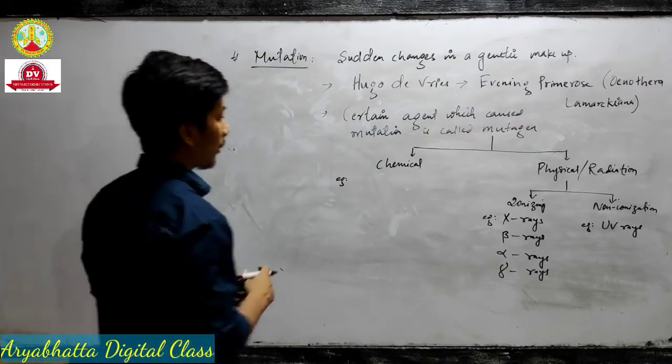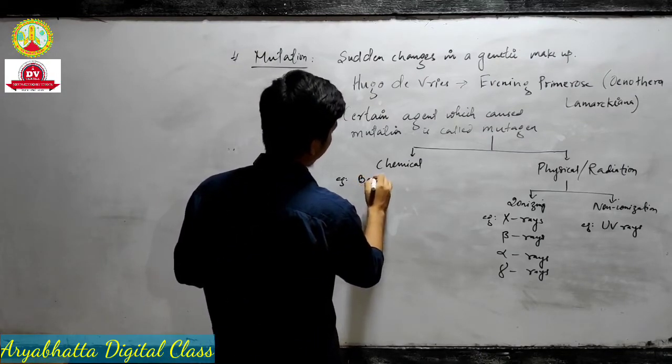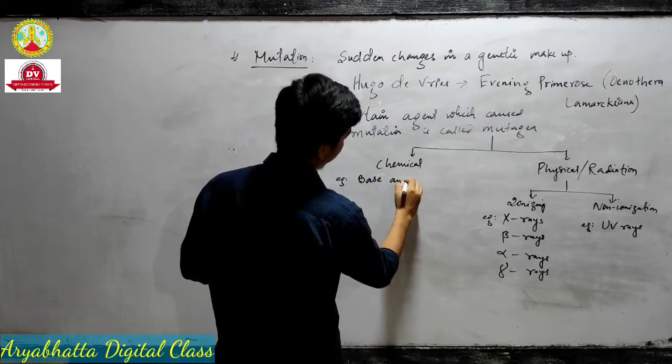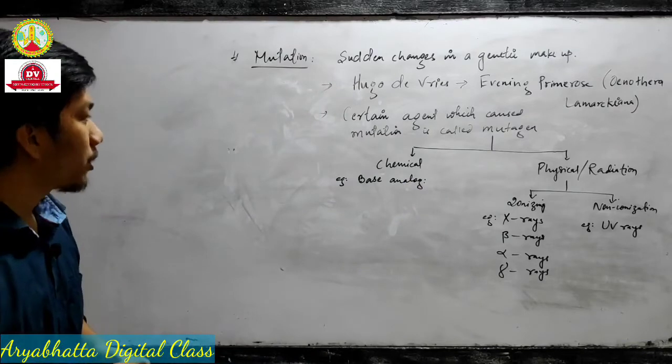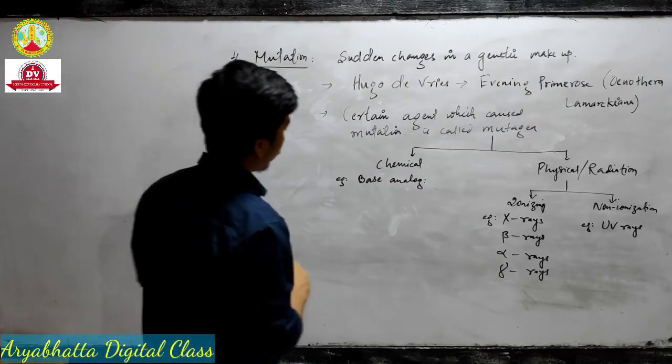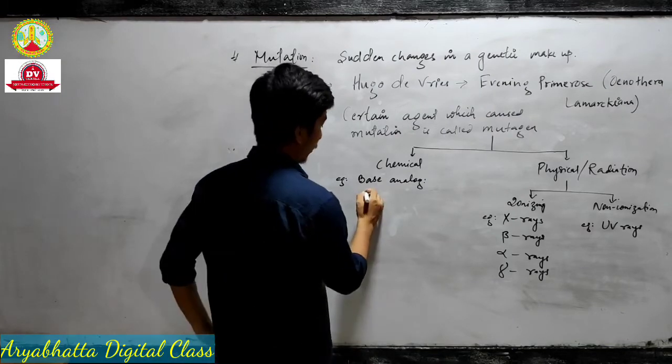In the case of chemical mutagens, we first classify into base analog.